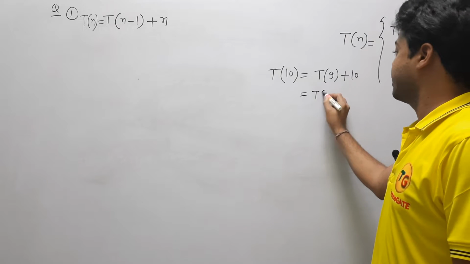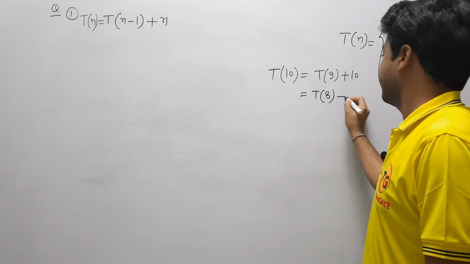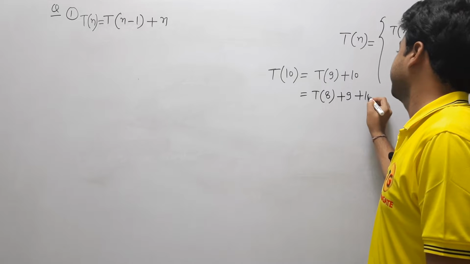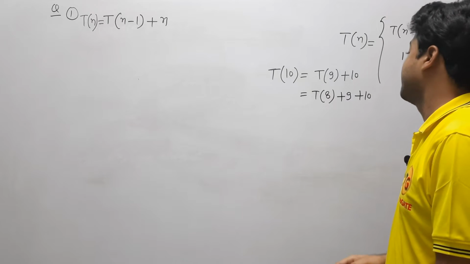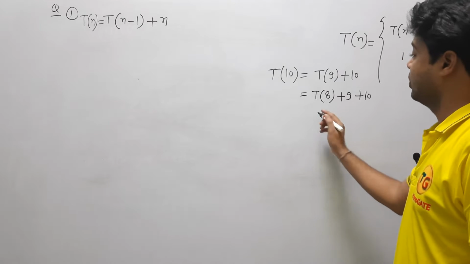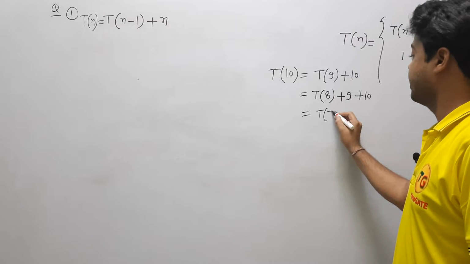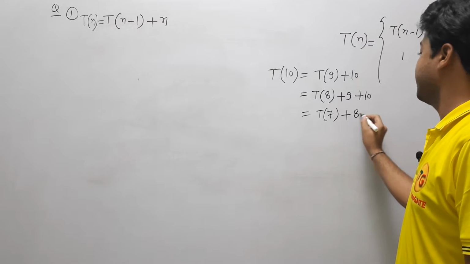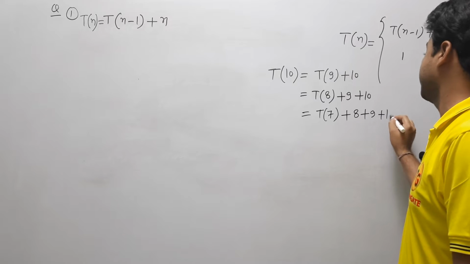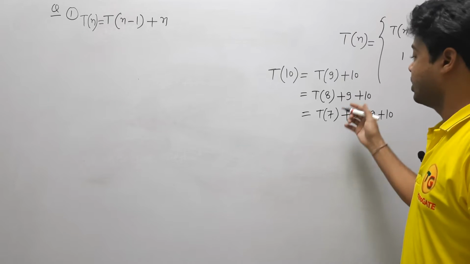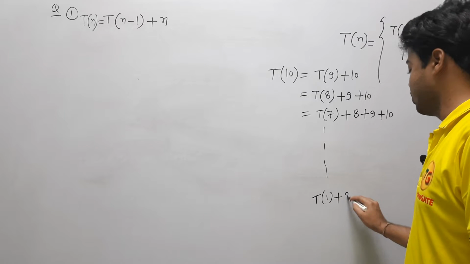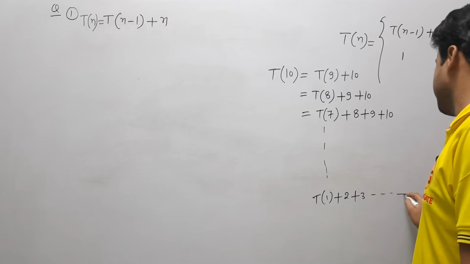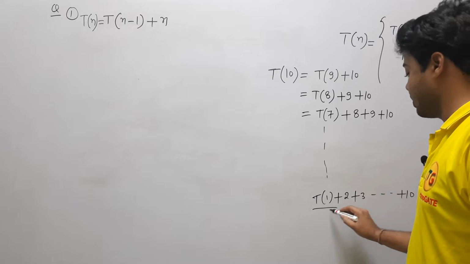So t of 8 plus 9, and the remaining 10. Next, put it again and again: t of 7 plus 8 plus 9 plus 10. Every time it goes down to t of 1 plus 2 plus 3 up to plus 10. T of 1 is 1.